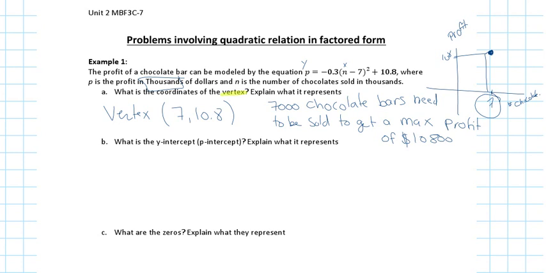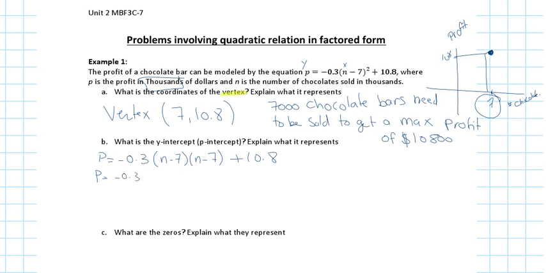Expand, yes. Okay, so to expand this, I have to write this twice. That's why I have n minus 7, squared. It's n minus 7 times n minus 7. Okay. What's the first step? FOIL.